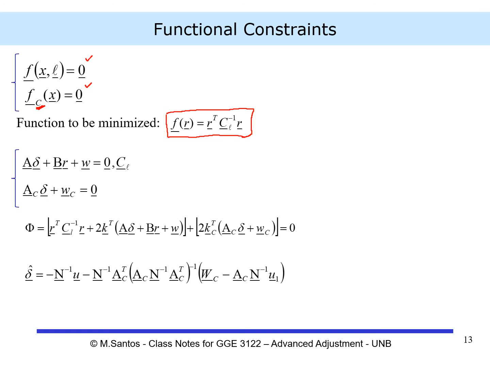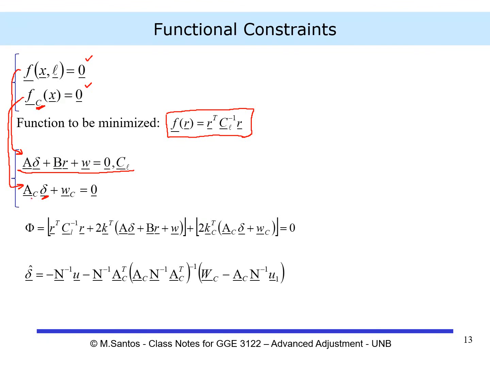The linearization of these two nonlinear models will result in the usual parametric, sorry, this is the combined case, of course, and we now have a linear model that relates to the functional constraints. So we have the same set of parameters. These are the least squares corrections to the unknown parameters.